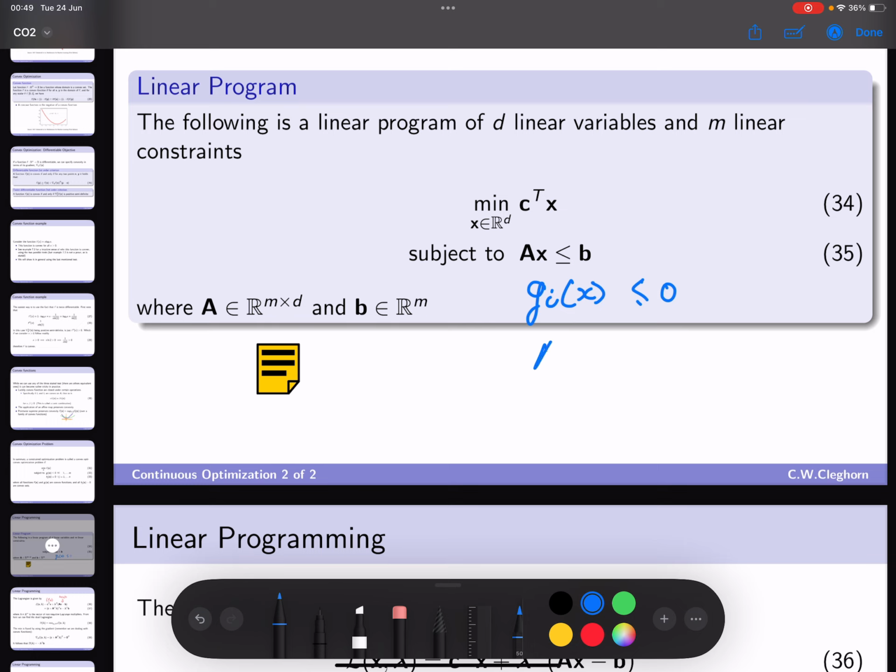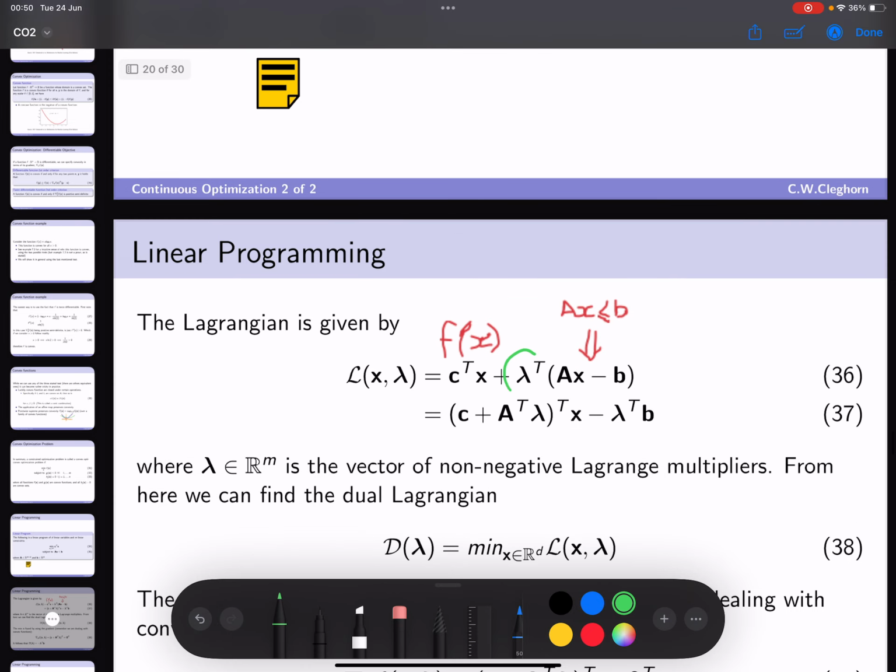So instead of Ax is less than or equal to b, we're going to say Ax minus b less than or equal to 0. Now that fits the form that we really want it to be in. So that's good. We're going to drop that into our equation and multiply by our lambda. So there's our Lagrangian, the lambda transpose being multiplied by our constraints on the right-hand side of it.